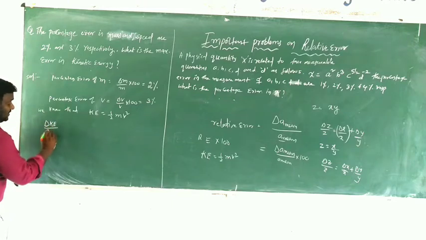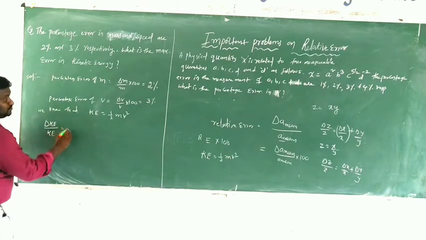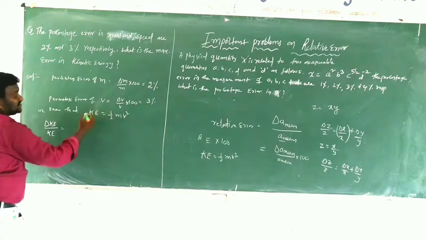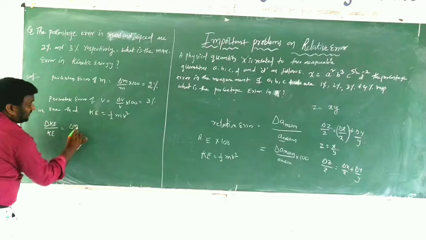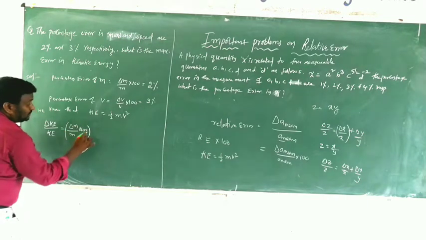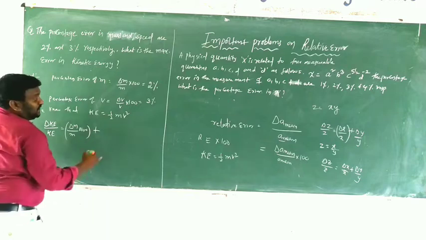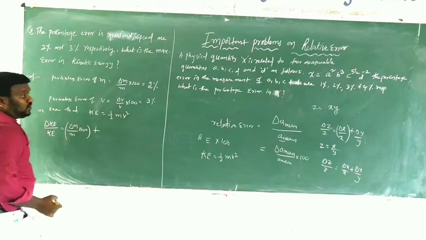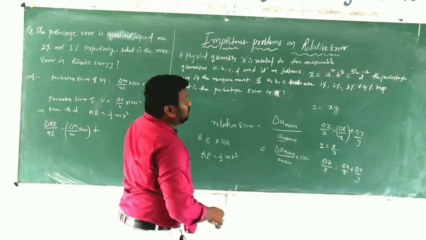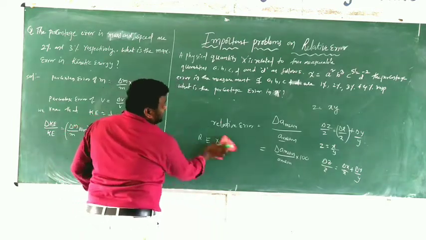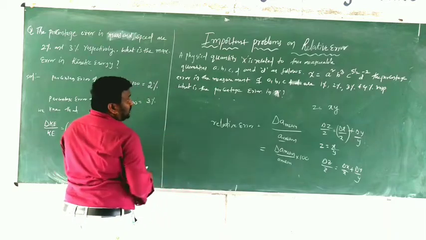Delta KE by KE is equal to, 1 by 2 is constant, that's why no need to write, delta m by m into 100 plus, here what you have? V square. For that also we have one formula.